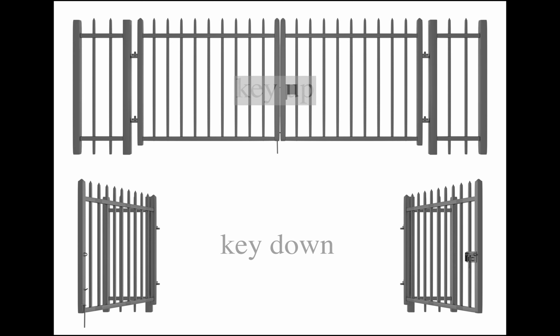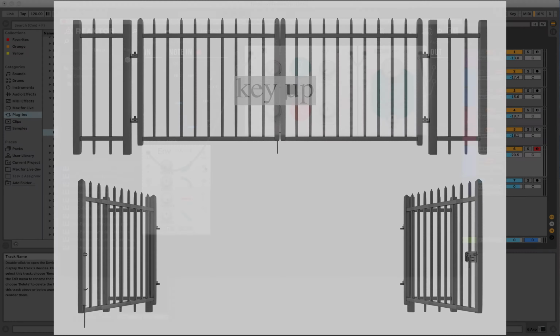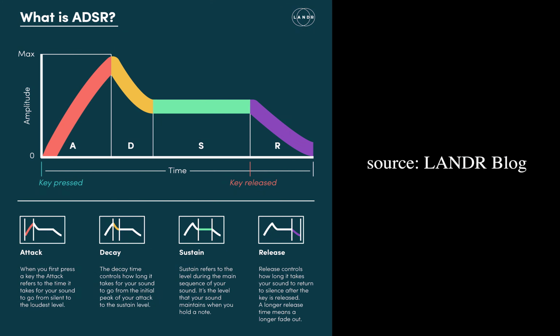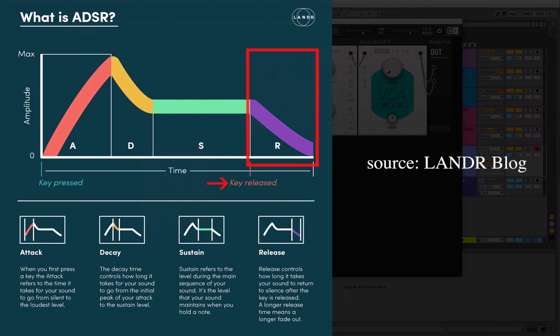When I lift up on the key, the gate is closed. By connecting the gate of my note in to the gate of my ADSR, I'm making it so that when I press my keyboard note down, it triggers the attack, decay, and sustain. Then, when I lift up on the key, the release is triggered.